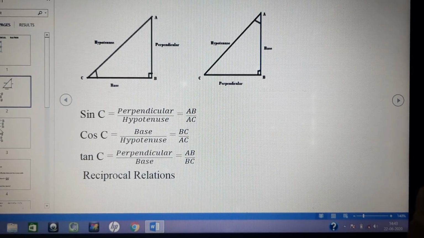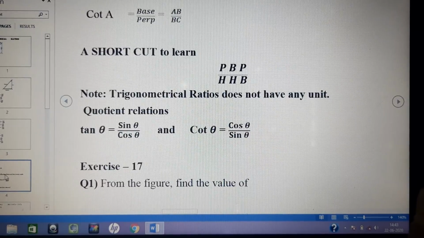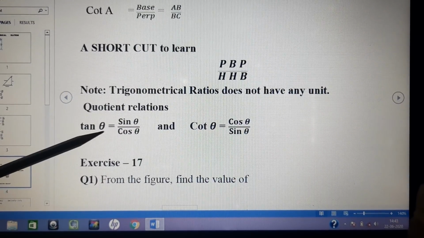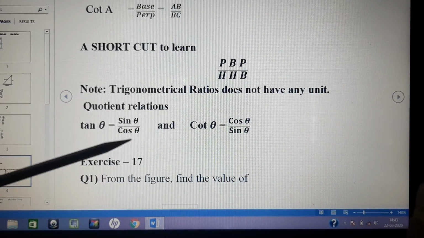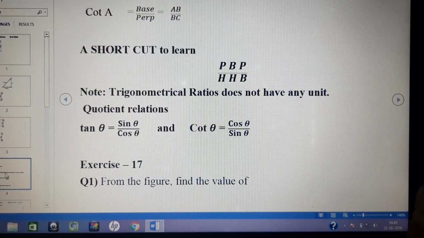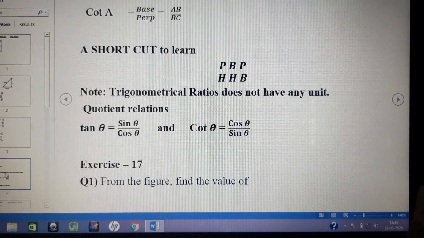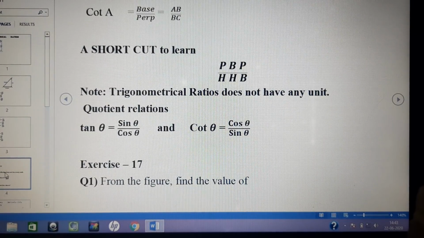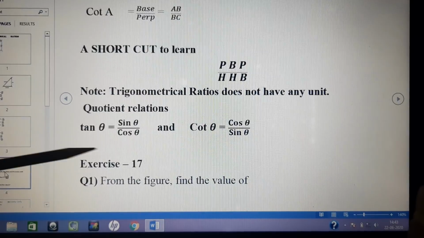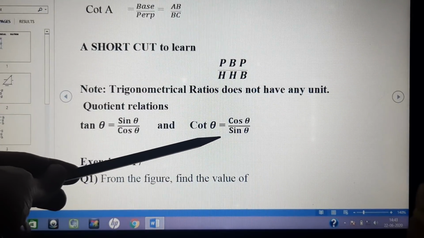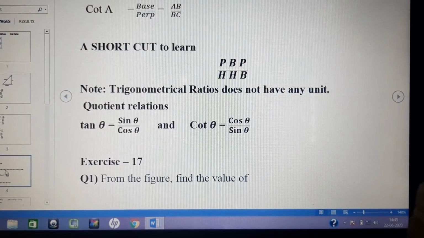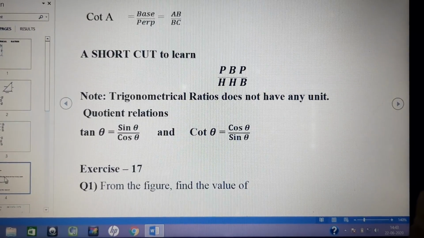So what conclusion can we draw? We can draw this conclusion that tan theta is actually sin theta upon cos theta. And because tan theta is equal to sin theta upon cos theta, its reciprocal, 1 upon tan theta, is cot theta, and cot theta is equal to cos theta upon sin theta.